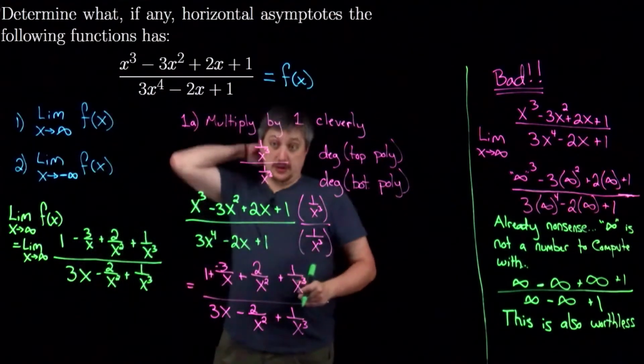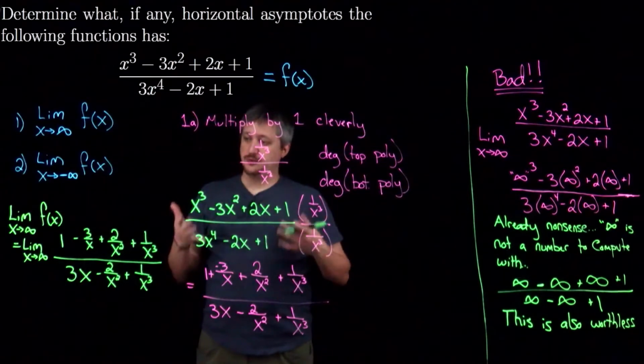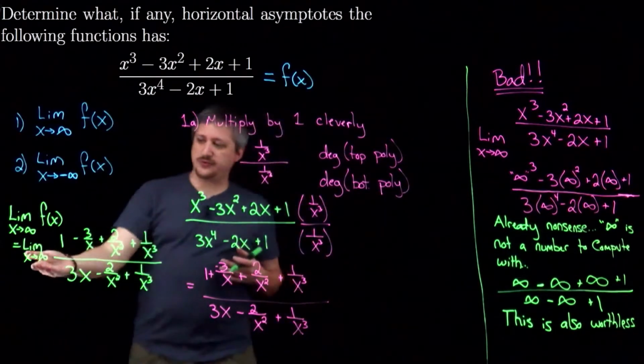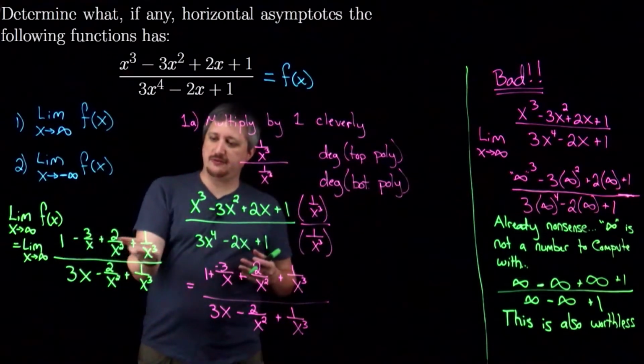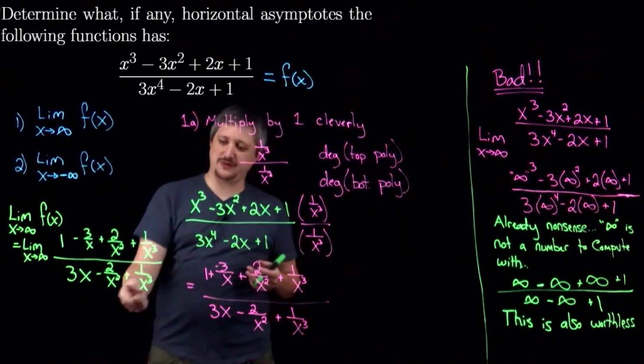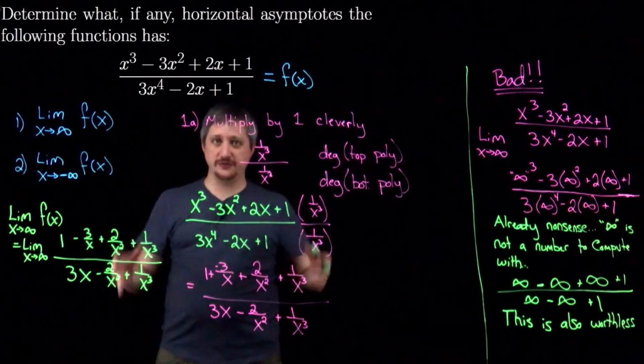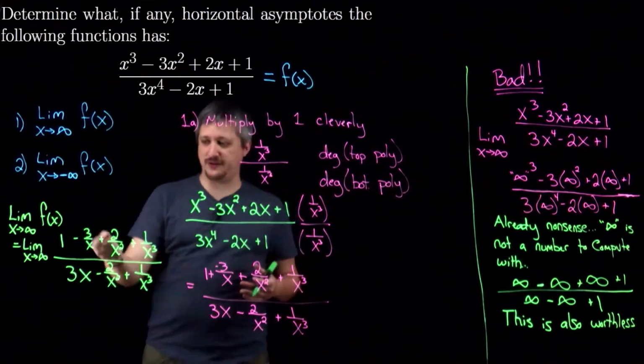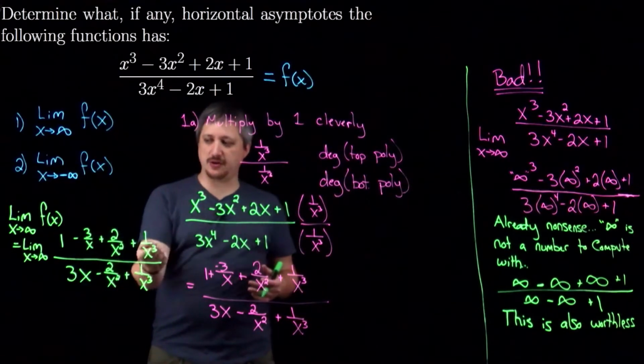Okay. And what I was arguing is that as x goes to infinity, these fraction pieces, 3 over x, 2 over x squared, 1 over x cubed, all of those go to 0, right? Because you have a finite number divided by something infinitely large.